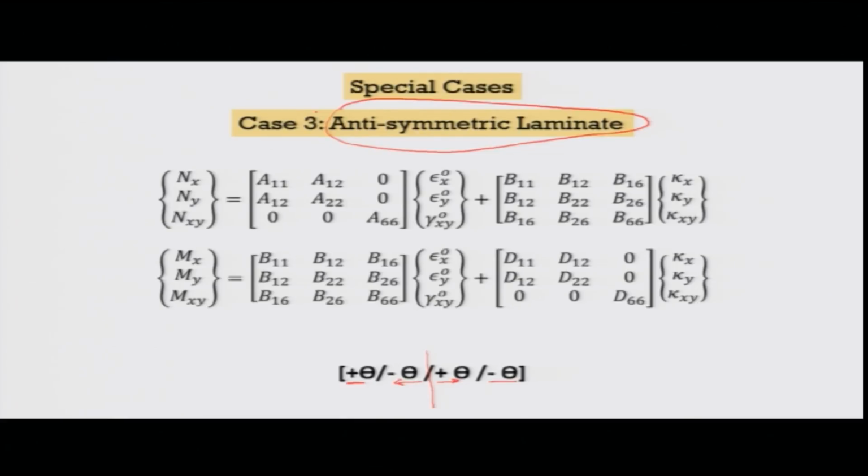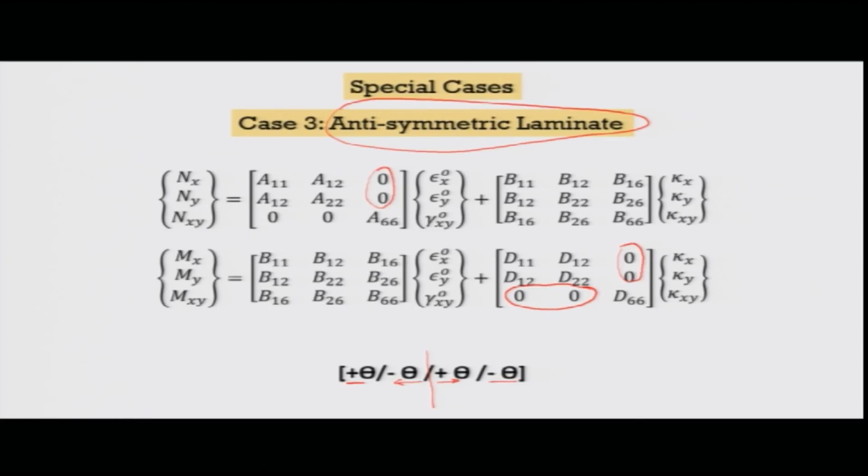For the antisymmetric laminate, if you carry out the same exercise, what you are going to see is that there is no connectivity between the in plane stretching and shear. So, it is the stretching shear connectivity which is absent there, but the B matrix is present there. So, that means you are going to have stretching bending coupling, and once again these parts will be 0, which means there is no connectivity between the bending and the twist or torsion.